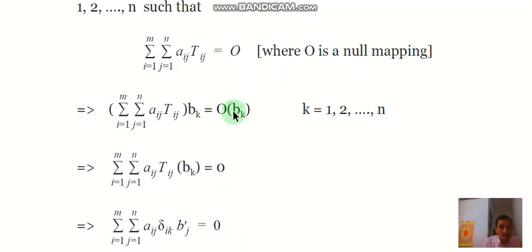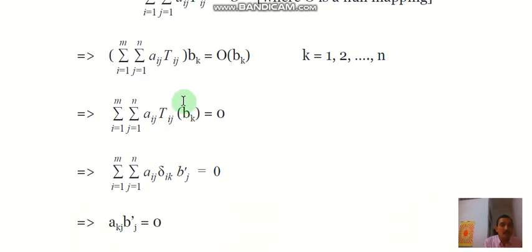Now we apply this operator on the element Bk, then we obtain the double summation aij Tij(Bk) equals 0(Bk), and this is the zero transformation, therefore its value is 0.